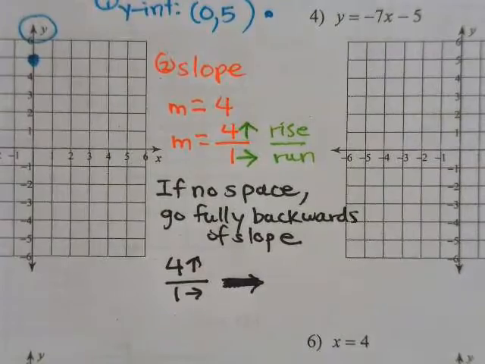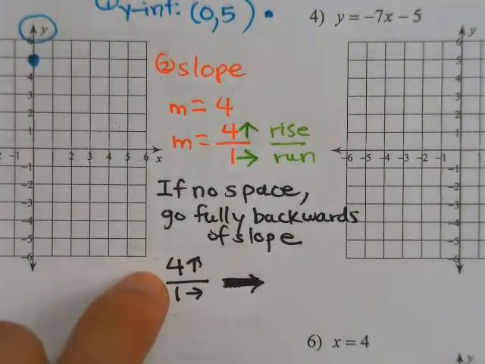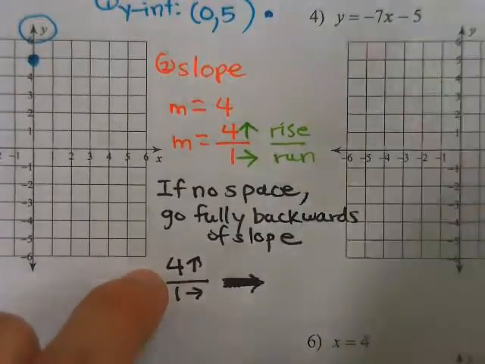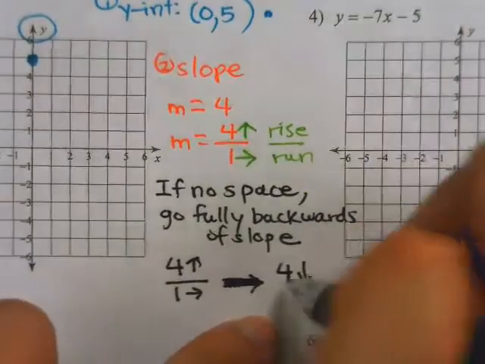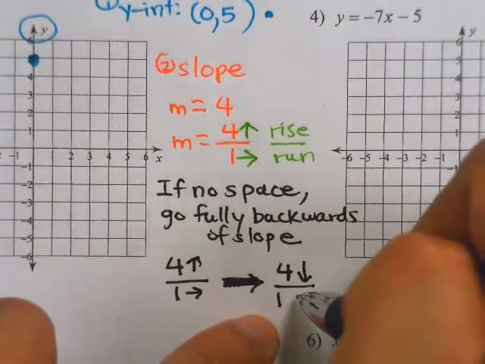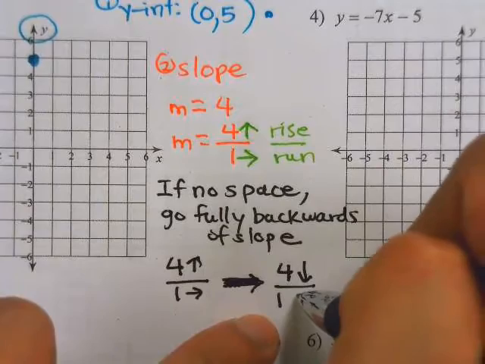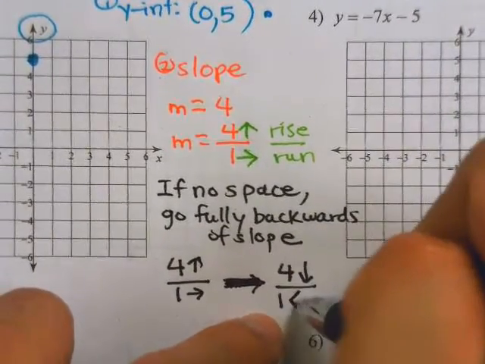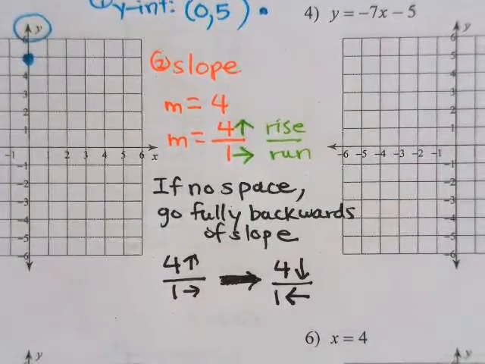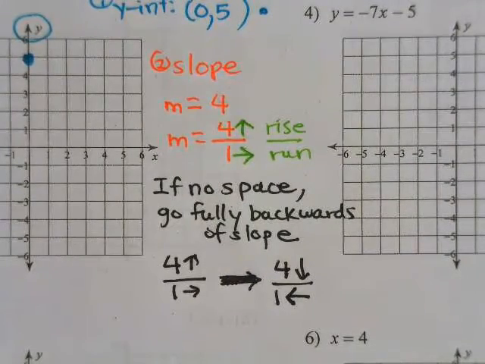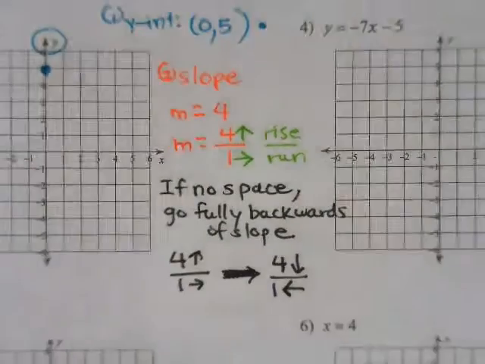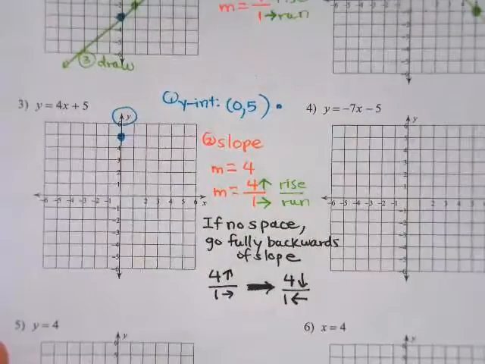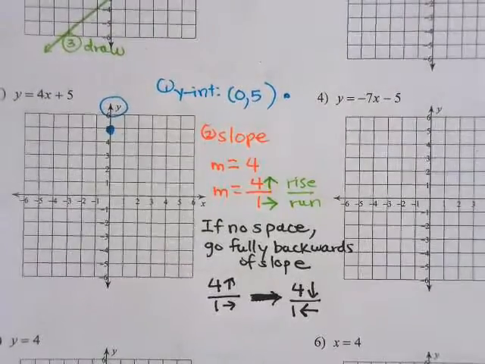What does that mean to go fully backwards of the slope? What's fully backwards of 4 up? 4 down, and then? Yes, left. There we go. Yes, left. 4 down, 1 left. Let's go ahead and graph that.